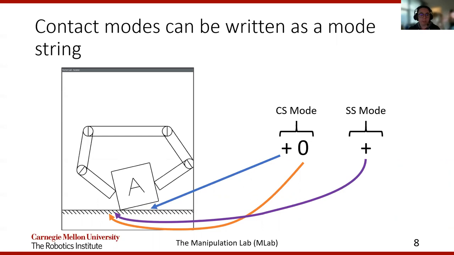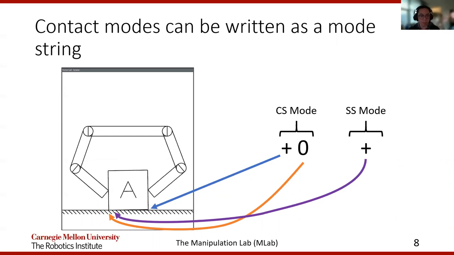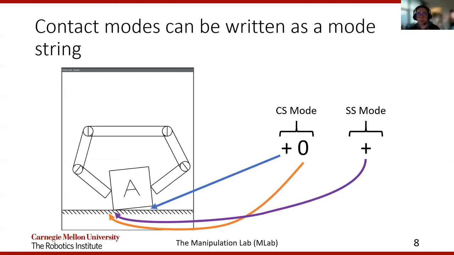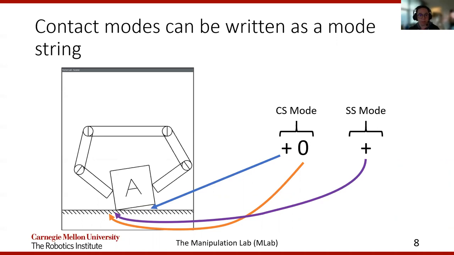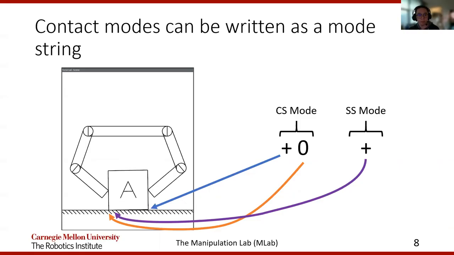The contact on the left is technically sliding, so it's maintaining contact. So the contact mode is 0 in this case. The particular sliding-sticking mode for this contact is plus because it is sliding to the right. Now this also generalizes into 3D, which we discuss in the paper.